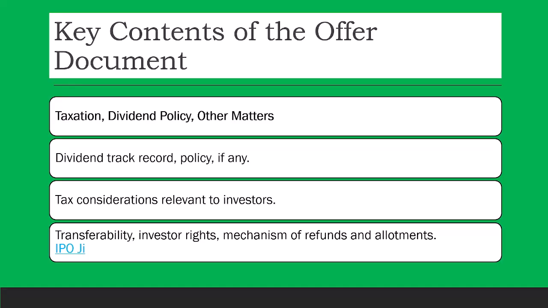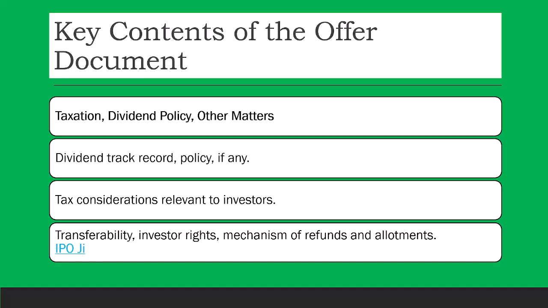Taxation, dividend policy, other matters: dividend track record, policy if any, tax considerations relevant to investors, transferability, investor rights, mechanism of refunds and allotments. Yeah. So they have to tell whether there is any dividend policy the company has, how the company has been paying dividend, and what the tax record is.